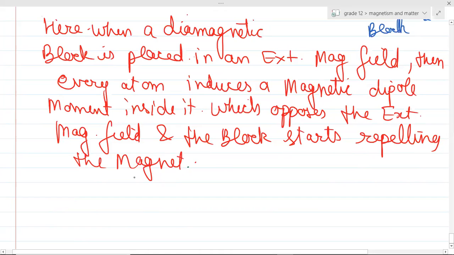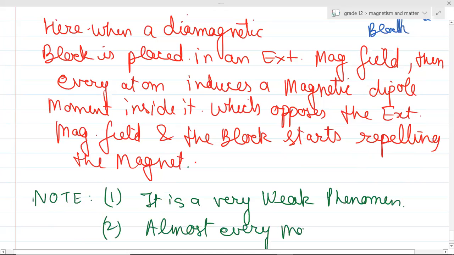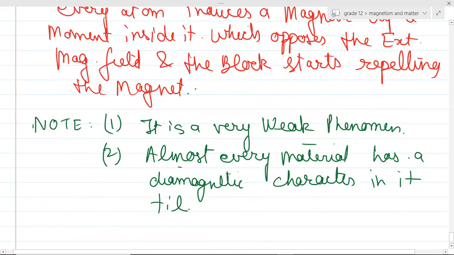Starts repelling the magnet anyways. Please remember, diamagnetism is a very weak phenomenon. And almost every material has a diamagnetic character in it to some extent.